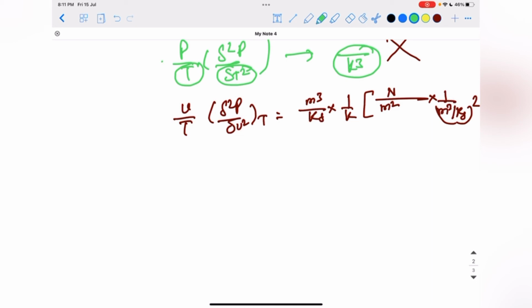So this gets cancelled with one unit, and you will get Newton kg upon K m5. So this is again not an option.